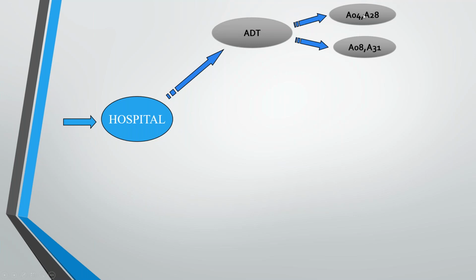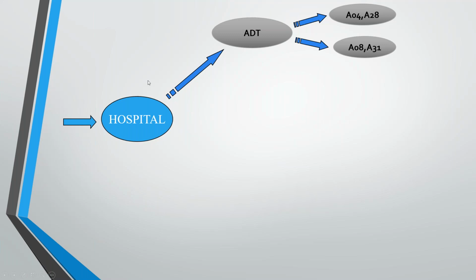So ADT A28 together are called the message type. Individually, this is called the message code, this is called the event type, and together we call them the message type. So ADT A31 is a message type which will represent that it is an update of patient information message.